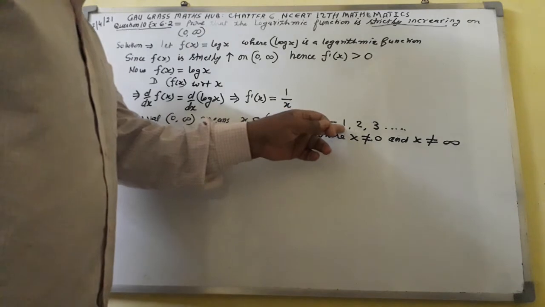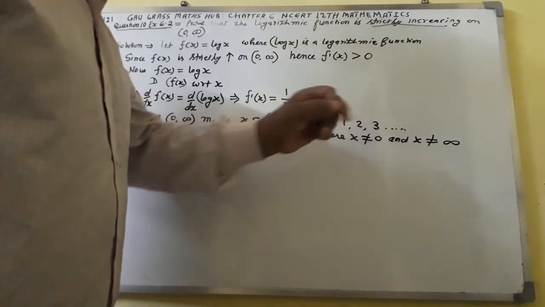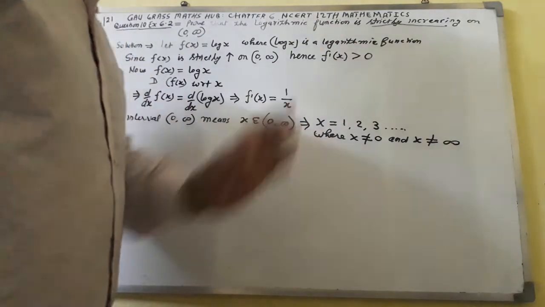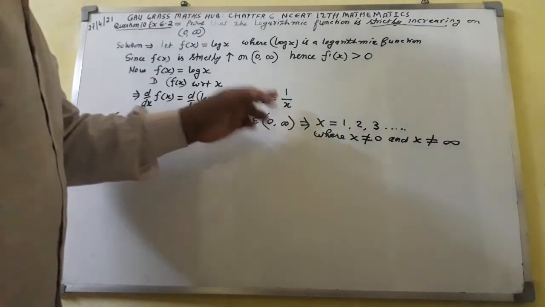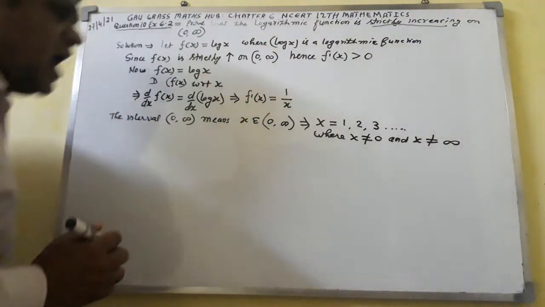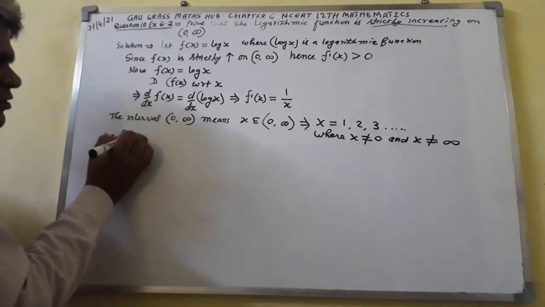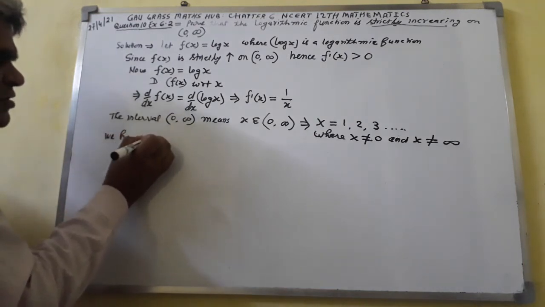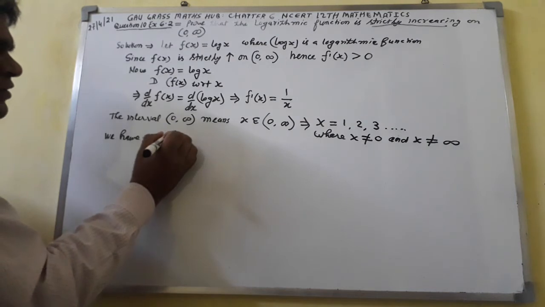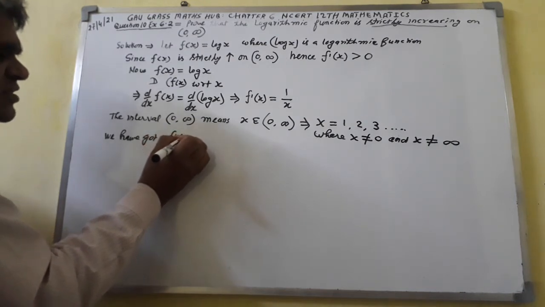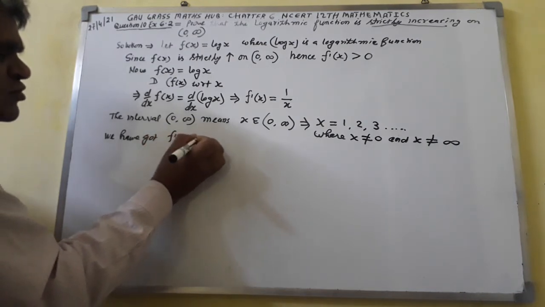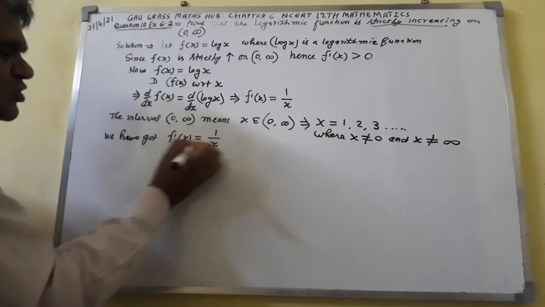So x equal to 1, x equal to 2, x equal to 3, dot dot dot I shall put in this function. So here we have got f dash of x equal to 1 over x.